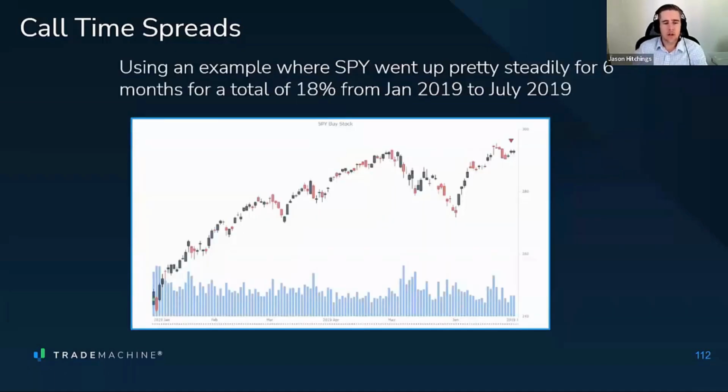Okay, so I just dug around until I found a stock that moved fairly steadily up over the course of around 180 days, around 6 months. And the ETFs are always going to be less volatile than the individual components. And so I just chose SPY for this example, and I chose a roughly 6-month time range where it moved up 18%.